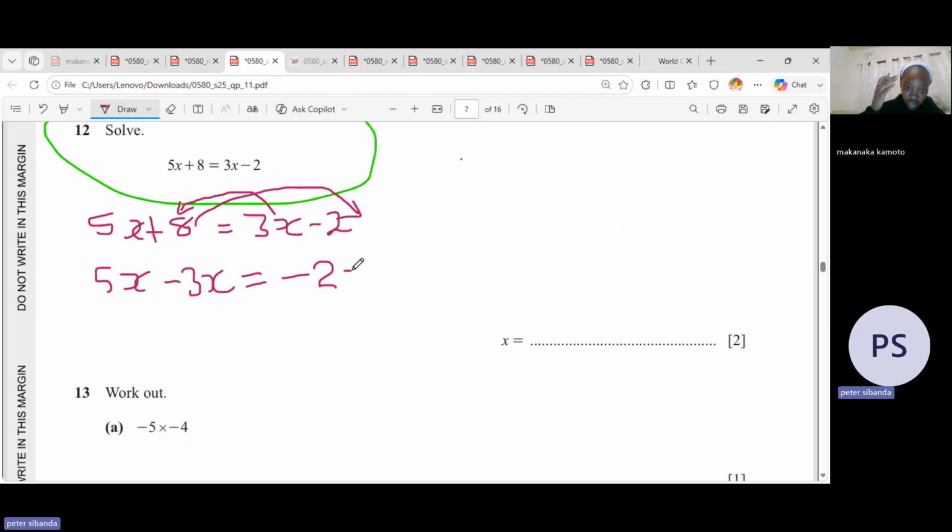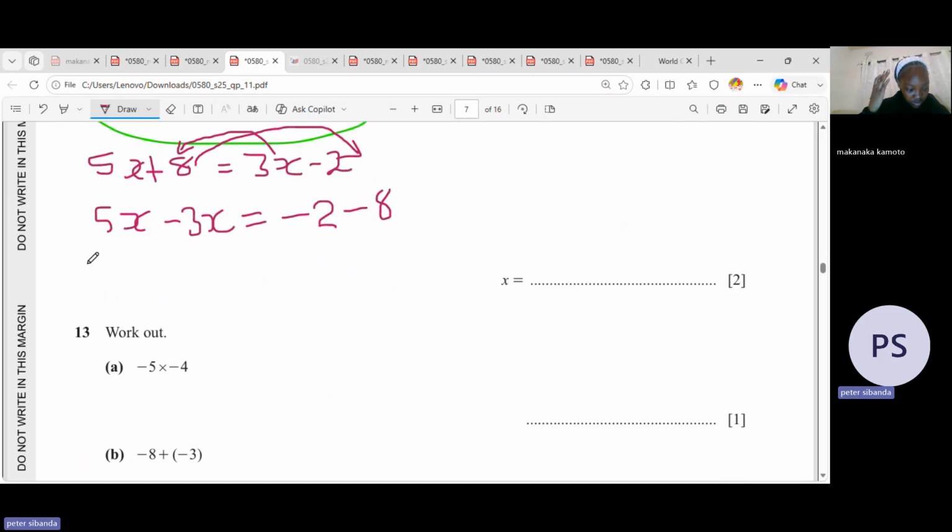Minus 8. And what is 5x minus 3x? 2x. Equals, what is minus 2 minus 8? Minus 10.